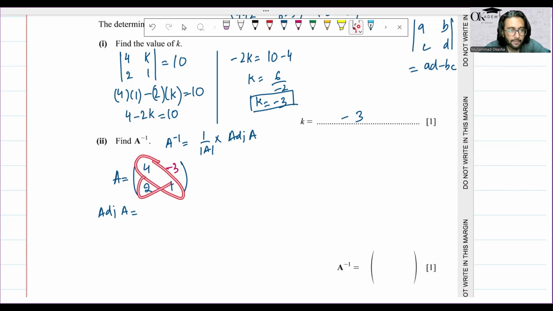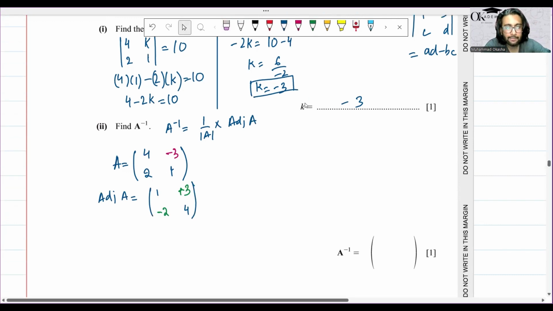And for this diagonal, you change the signs. So for the first diagonal, I'm going to swap the values. This is going to be 1, 4. And for the signs, -3 becomes +3 and 2 becomes -2. So that's my adjoint. I'm telling you, this is a pretty simple adjoint.